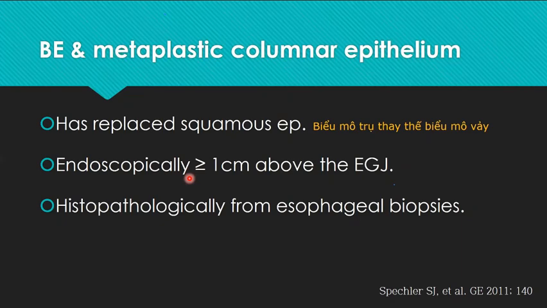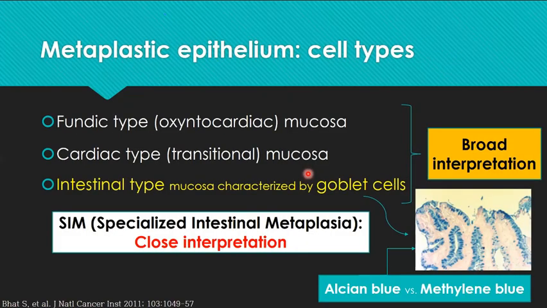Why is this important? Because this is the real evidence that intestinal type or stomach type or specialized epithelium has already invaded the esophagus. So pathologists use Alcian blue, but we gastroenterologists can use methylene blue.